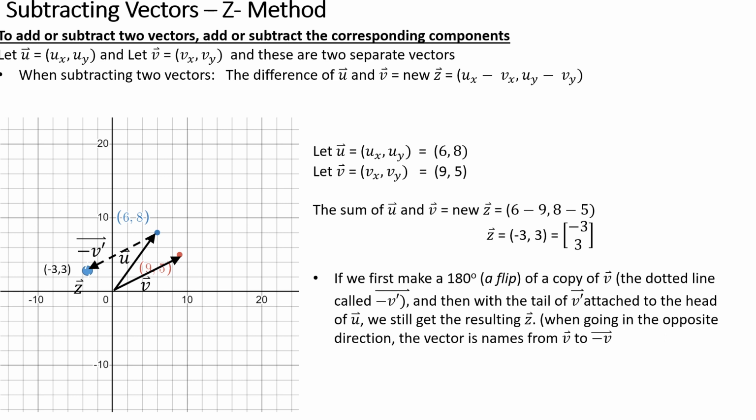Now, when we are subtracting, we are putting one tail going the opposite direction that originally was going. When we added the vectors, if I got vector u at 6, 8, and here's vector v at 9, 5, and I'm going to simply add those up, I could add 6, 8 to 9, 5.